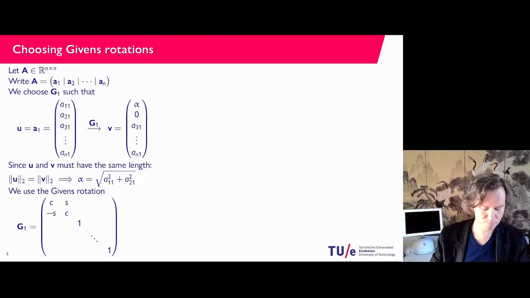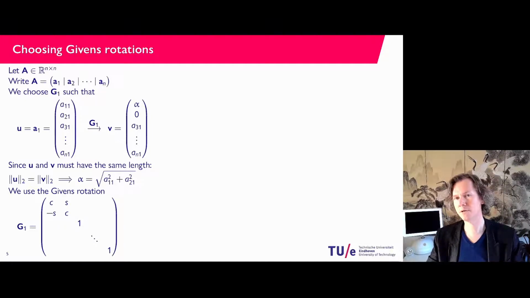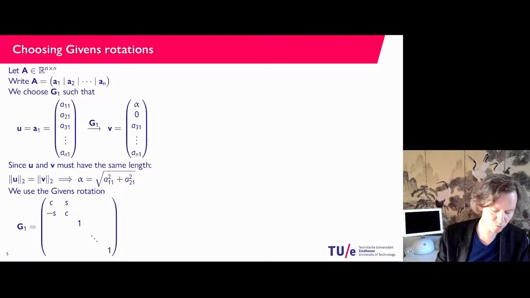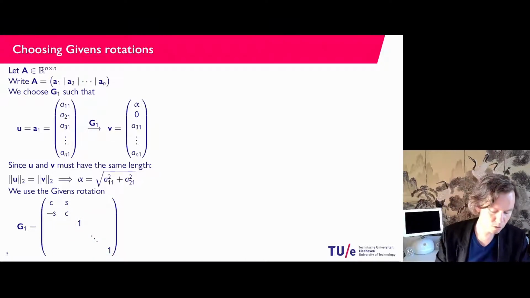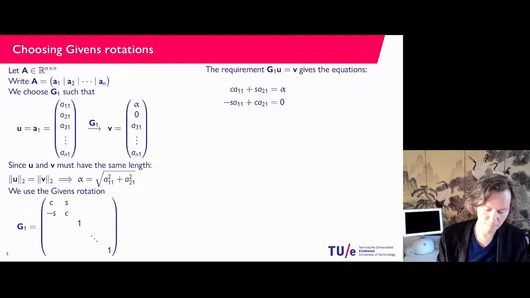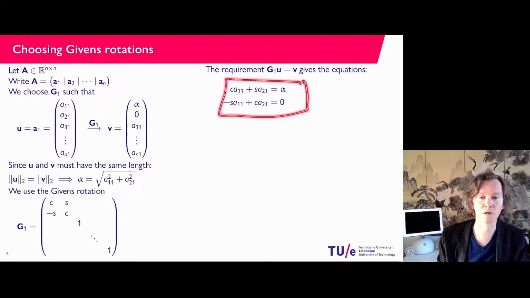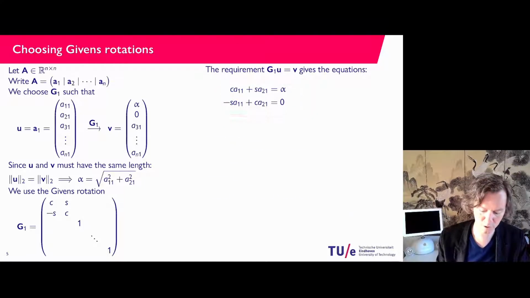And this basically defines the Givens rotation. So for the Givens rotation, we are going to have the identity matrix for anything but the first and second row. The top left bit is going to be C, S, minus S, C, and I'm going to choose them in such a way that if I multiply G1 and U, I find V, and that gives me these equations here for the C and for the S. So I have two unknowns, C and S, and I have two equations, so I can solve these.